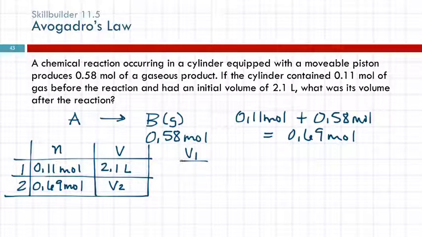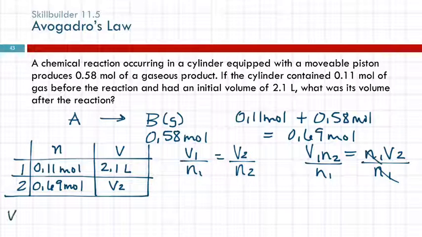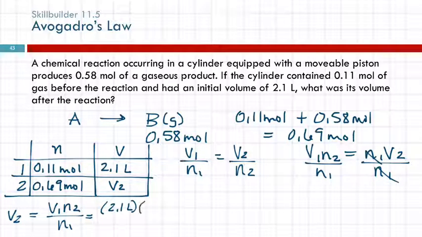So this is V1 over N1 equals V2 over N2. V1 times N2 equals N1 times V2. I'm solving for V2. V2 equals V1 times N2 over N1. So volume 1 was 2.1 liters. N2 is 0.69 moles.